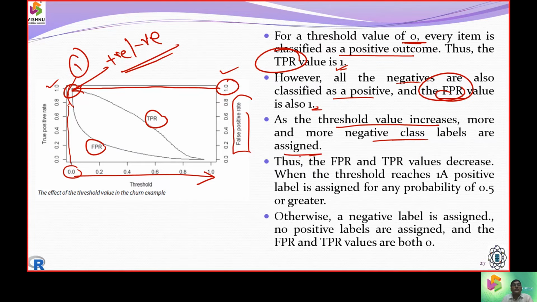negative class labels which are going to be assigned, because probability initially, we told, when the age was 50 years, the probability was showing minus. When the age was 20 years, the probability was giving 0.6 and 0.7 also. So now when the age was decreasing, we are going to say it is a negative class, and then the curve was decreasing.